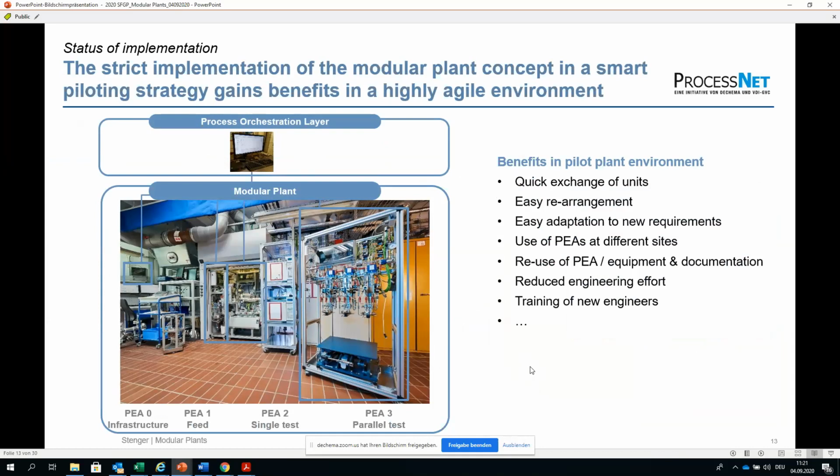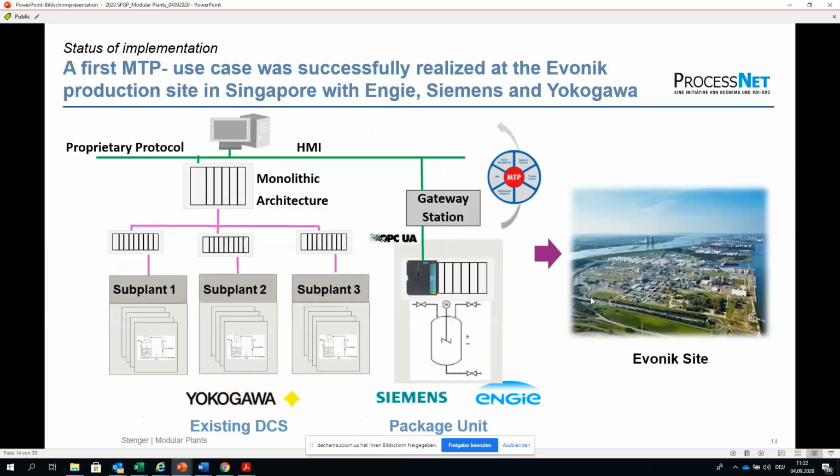Sorry for that. This was the example of implementing the modular system in the lab environment, bringing these benefits to the lab and development. But this also works for large scale plants, when implementing package units into existing plants that are already operating in a monolithic architecture.